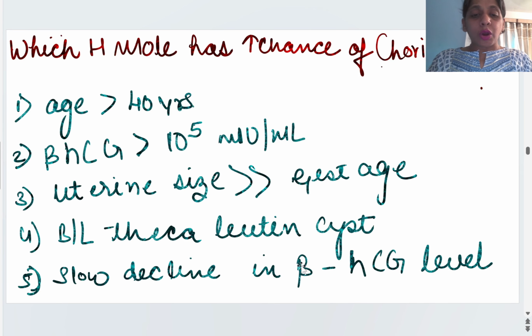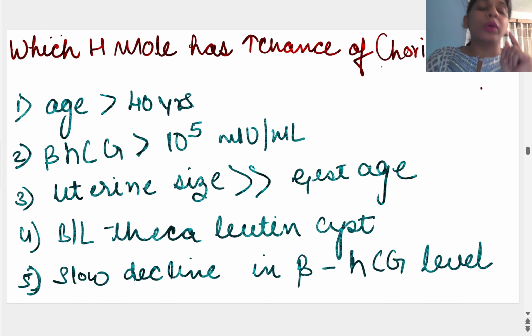You know that complete mole has high malignant potential, but you should know which complete mole has high chances of becoming gestational trophoblastic neoplasia and which has fewer chances. Then only will you be a good doctor.